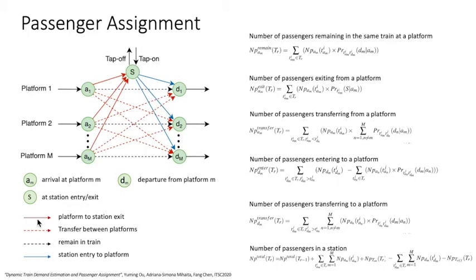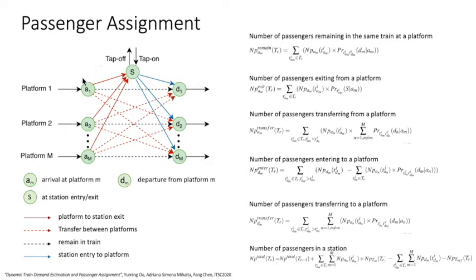The red arrow means platform to station exit. The red dash arrow means transfer between platforms, the black dash arrow means remaining in a train, and the blue arrow means station entry to platform.